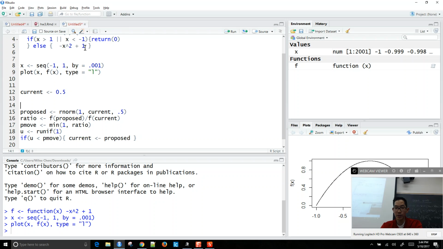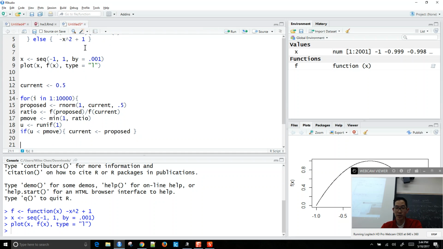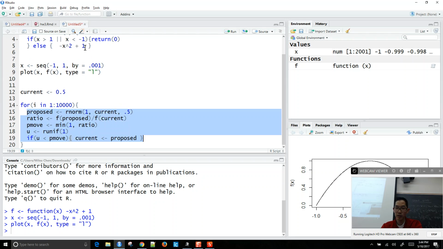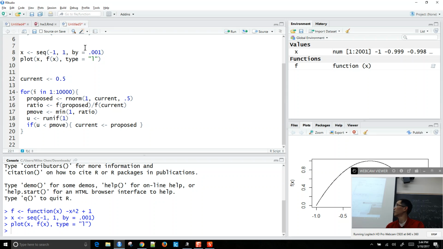So we'll just do for i in 1 through, I don't know, 10,000, and we'll throw all of this in here. Is this okay? All right, and does everything in this code kind of make sense? This is just the Metropolis algorithm.